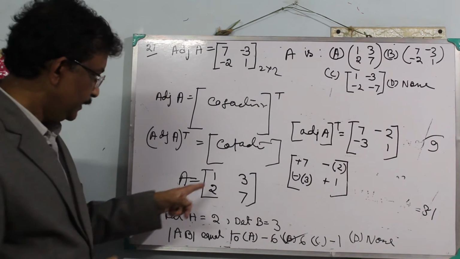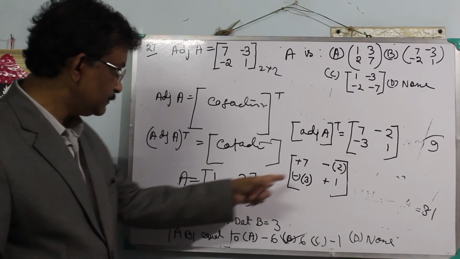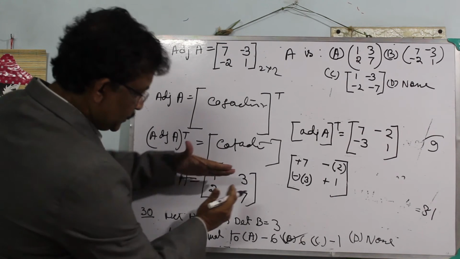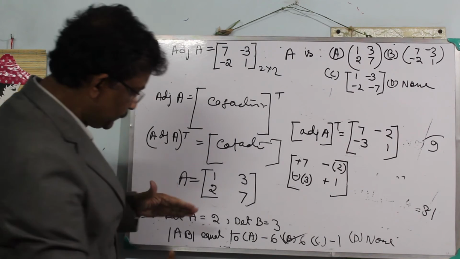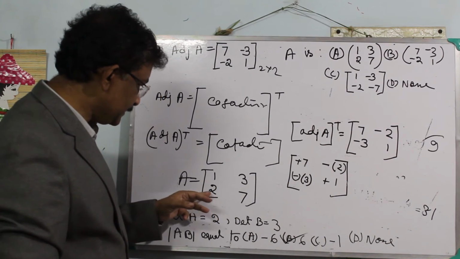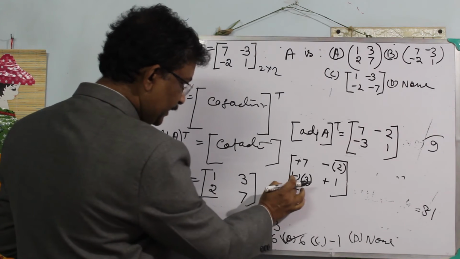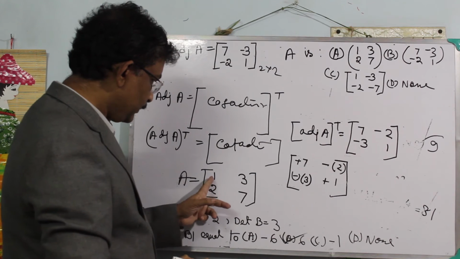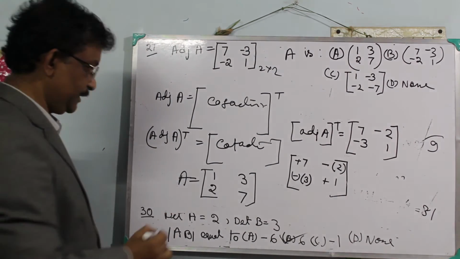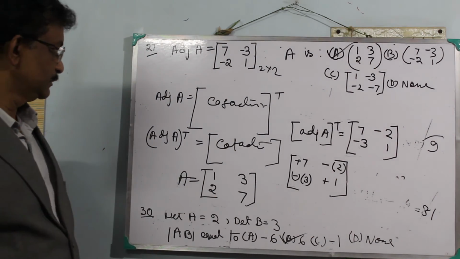Now compare: if it is matrix A, then what is the cofactor of this position? 7. What is the cofactor of 3? 2, because covering the first row and second column gives 2, and this position is minus 2. For 2 the cofactor would be minus 3, and for this position the cofactor would be plus 1. So this is the original matrix A. So the correct answer is A, 1 3 2 7. Clear?